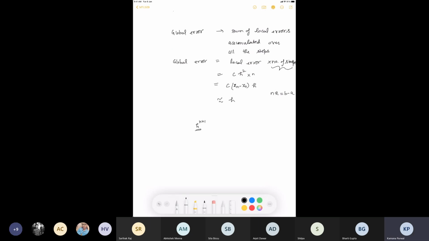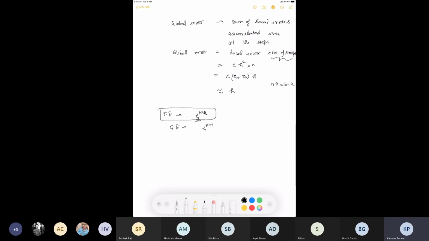That is, if you design a method which has a truncation error of order h raised to power k plus 2, eventually the global error will have the order h raised to power k plus 1. So you will lose one power of h when you go to the global error. Okay, so it suffices to check the order of the truncation error, and when you derive the global error, you will lose one power of h with similar arguments.